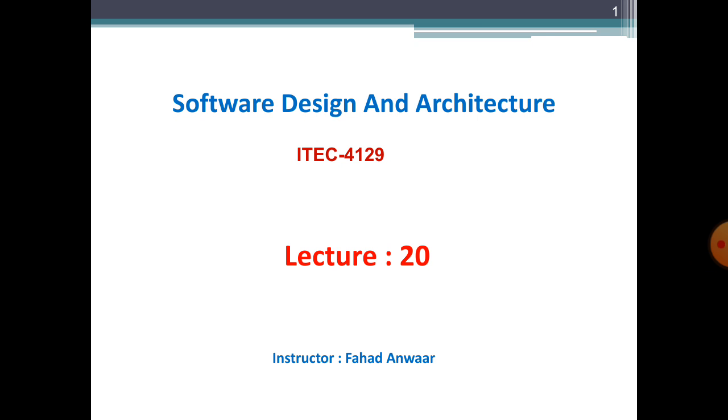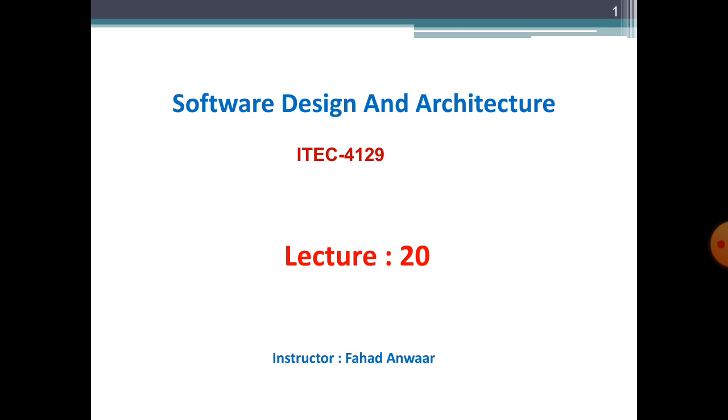We also discussed application areas, situations where we can use this architecture, and some advantages and limitations of layered software architecture as well. So that's a little bit of a recap of our last lecture.